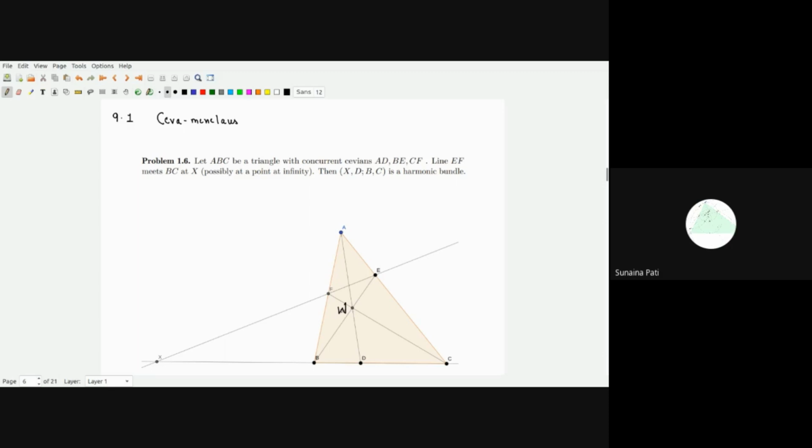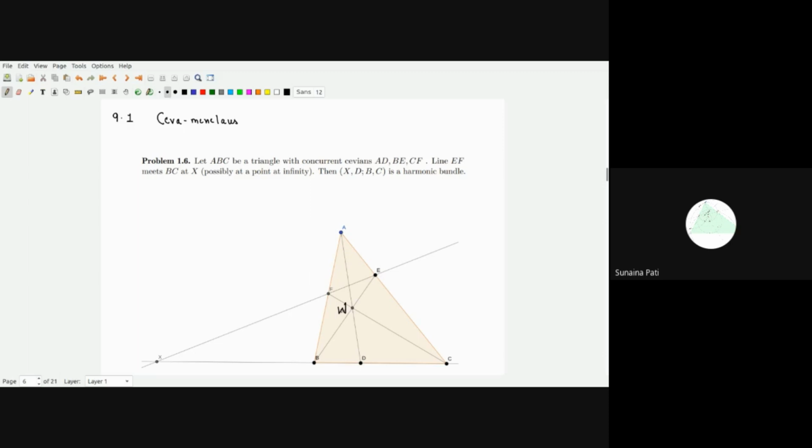Okay, I'll give you guys 5 minutes to try, so that the people who haven't done it can try. If you're trying it for the first time, note that the name is Ceva-Menelaus. Convert the harmonic bundle to cross ratios and think about it.